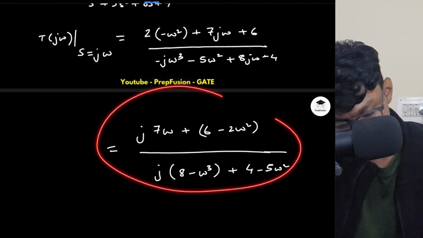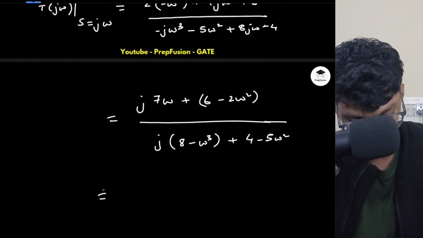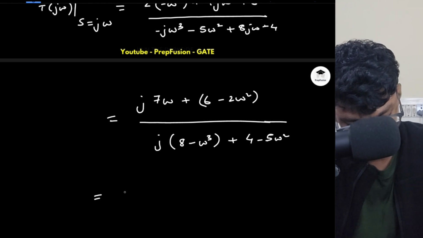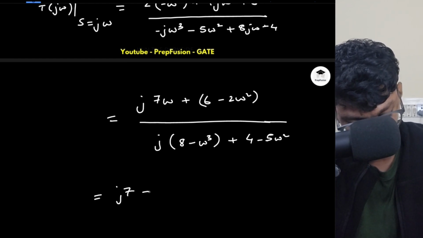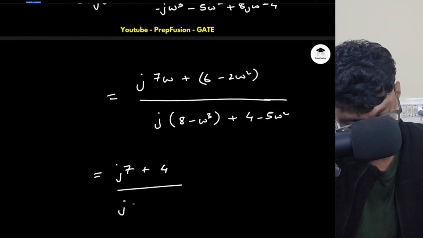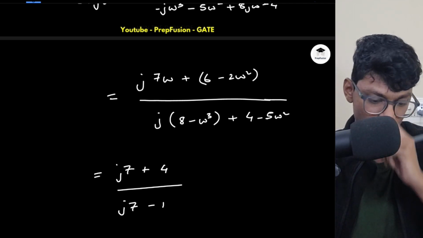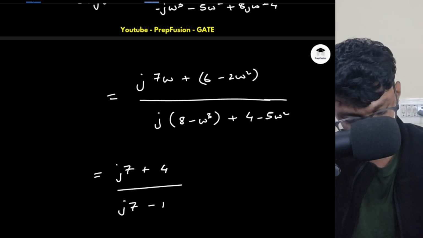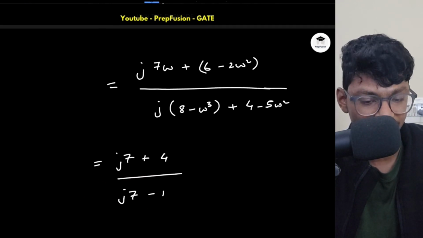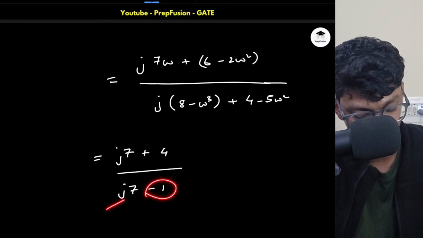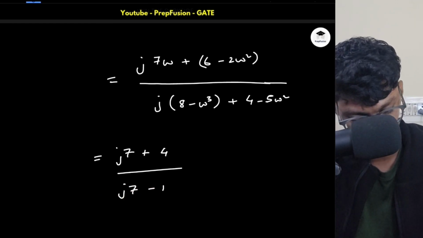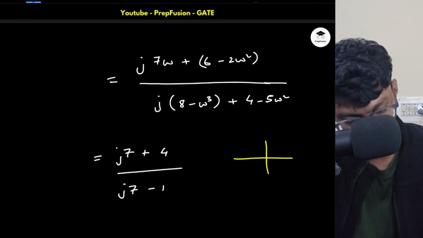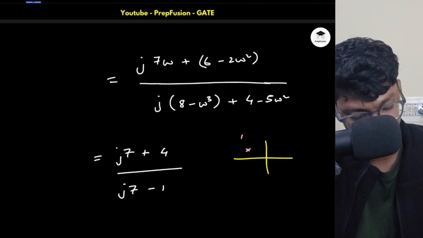So at omega equals 1, the numerator will become 4 plus 7j, divided by 4 plus 7j minus 1. This will be minus 1. So just be careful at which quadrant this point is lying, where x is negative and y is positive. If x is negative and y is positive, I am lying in the second quadrant.